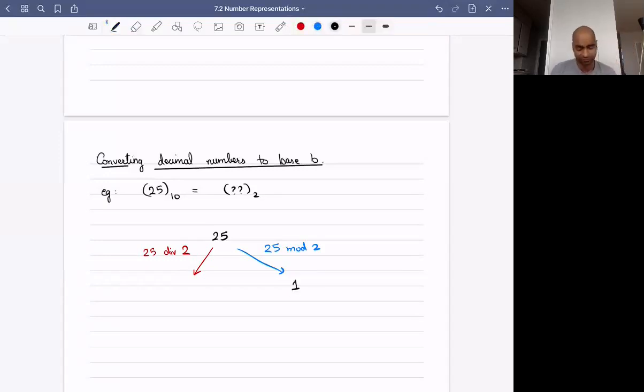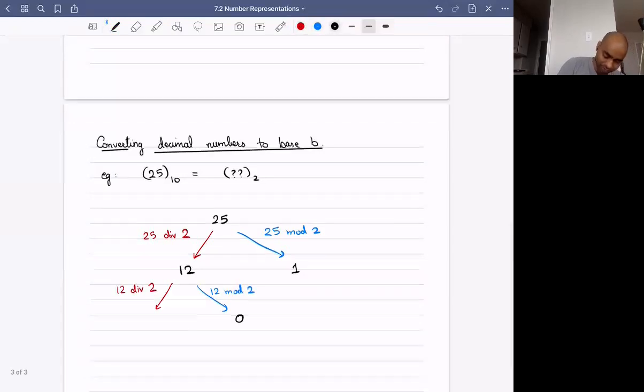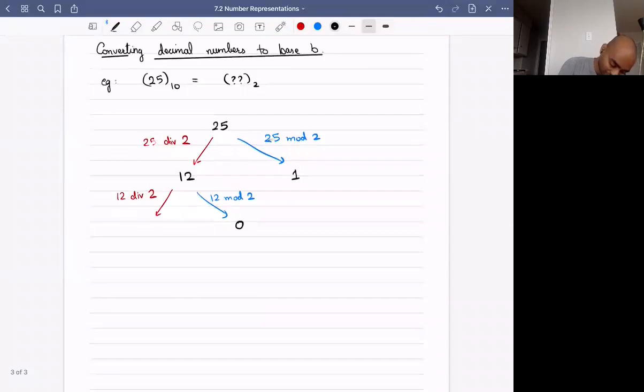And 25 div 2 is the quotient when you divide 25 by 2, so it's 24 divided by 2, which is 12. And you repeat. You find 12 mod 2 and 12 div 2. 12 mod 2 is 0 because 2 divides 12, and 12 div 2 is 6.